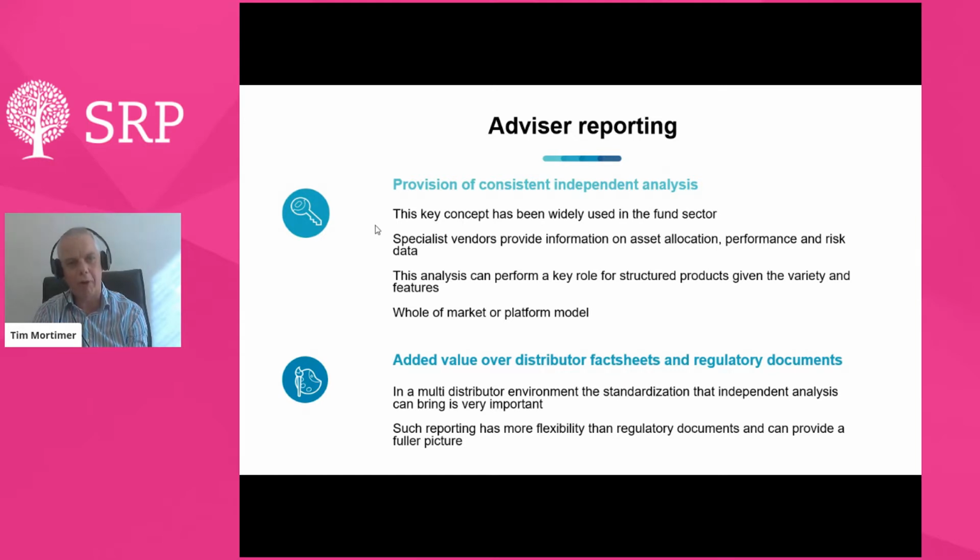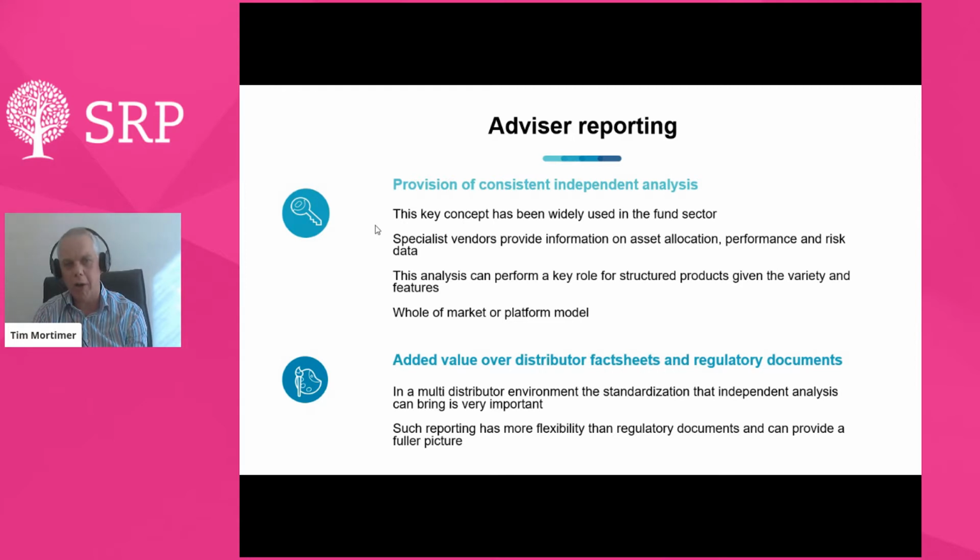Because structured products have more features than straight funds, which are basically investments that can either go up or down over time, you have to think a bit more carefully about what's appropriate to report, both to show the different features of a product and also to be as consistent as possible with the fund framework.